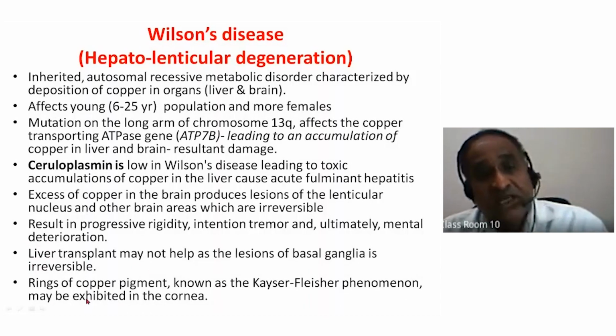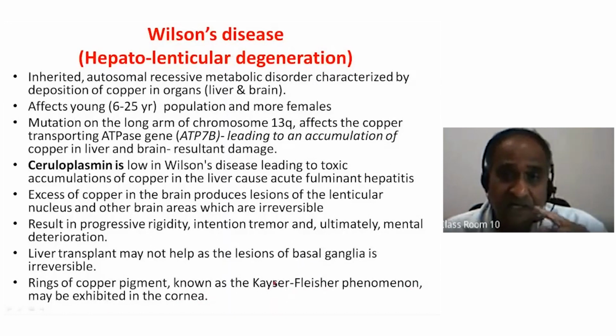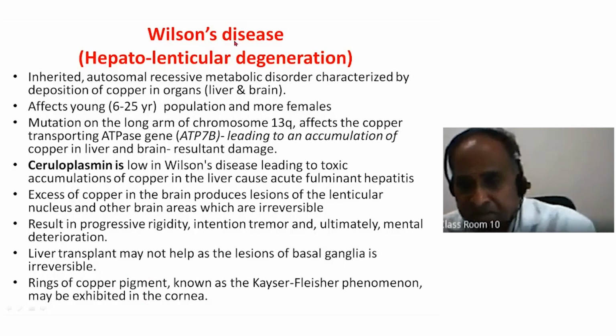So what happens, because of the excessive accumulation of the copper, the copper pigment also accumulates in the cornea, and that is known as the Kayser-Fleischer ring. Kayser-Fleischer ring is seen with a copper pigment. That is about hepatolenticular degeneration.